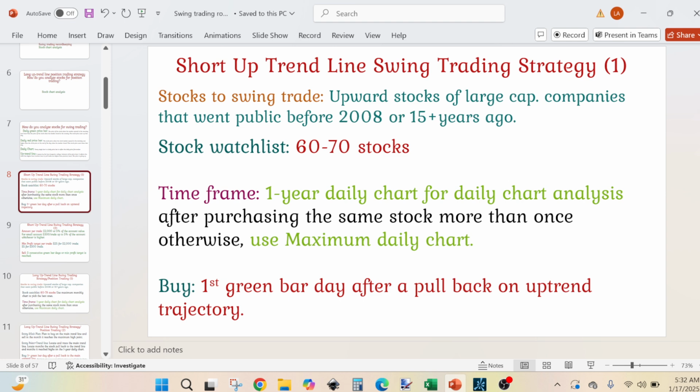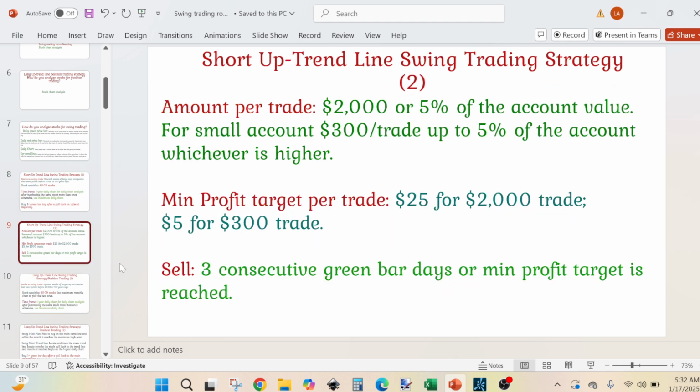And to summarize what we talked about for our swing trading strategy, we use a short uptrend line, and you saw for some stocks, we bought it at the first green bar, and we sold it 3 days later if the green bar continued to go up, or when our minimum profit target was reached.